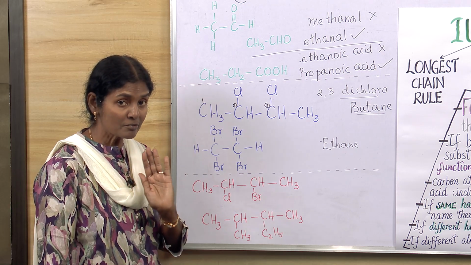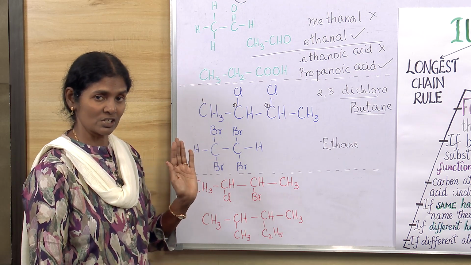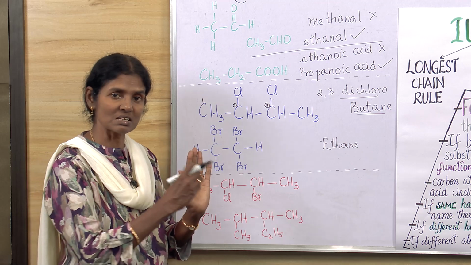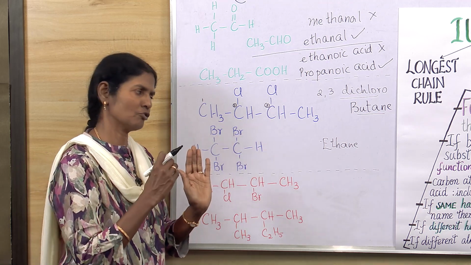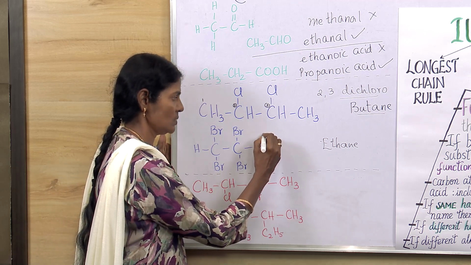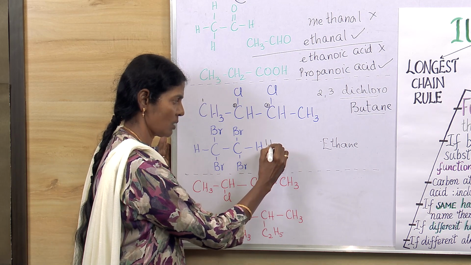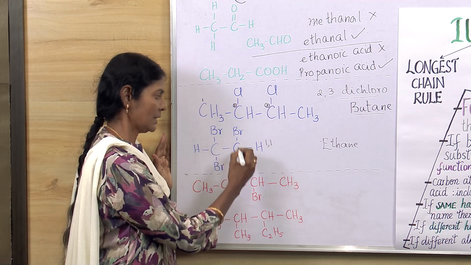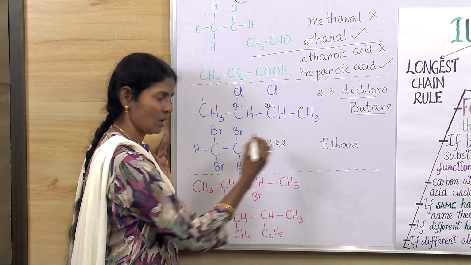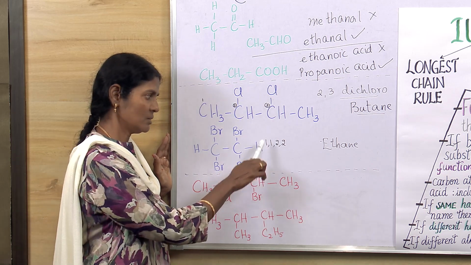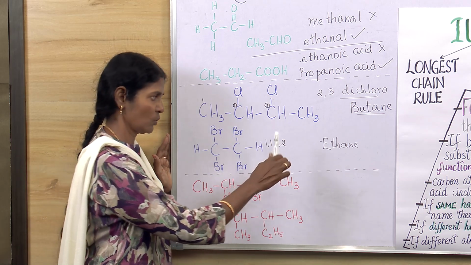Now for everything we have to give the location. It's like giving a seat number to each and every one in your family. Here also we have to give for everyone. So here 1,1. And in the second position you have 2. How many are there? 1, 2, 3, 4.